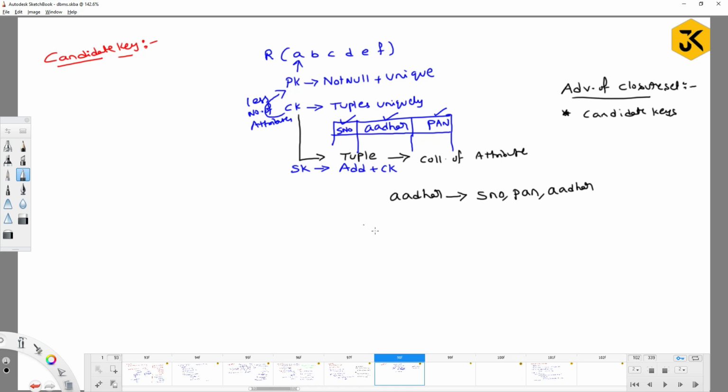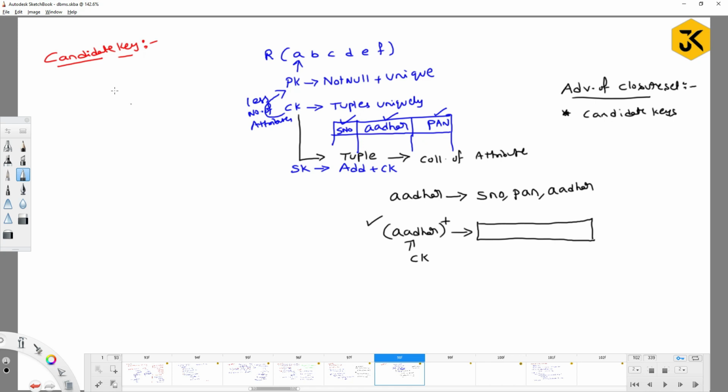Means if I find the closure of a particular attribute, and it determines the set of all attributes of the relation, can I call this a candidate key? Yes or no?